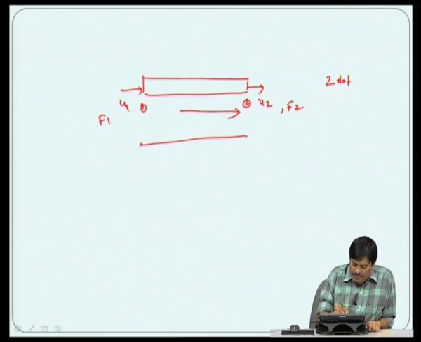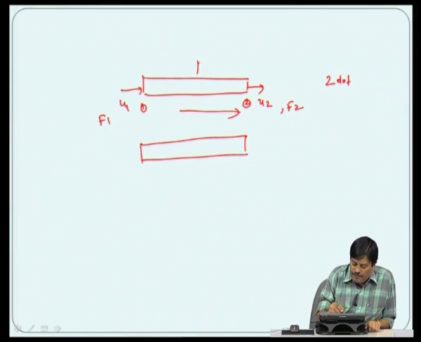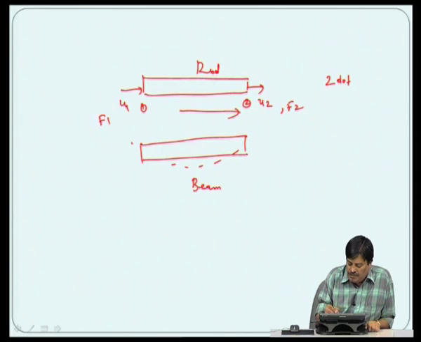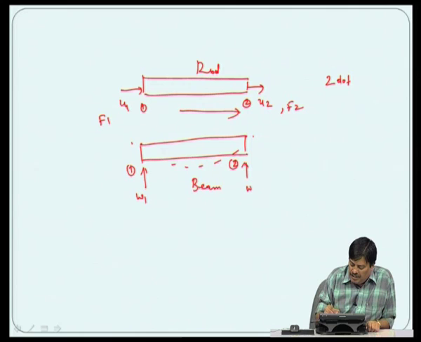As I said earlier, a beam, I am sorry, this is a rod, and this is a beam. A beam can bend, it can undergo this bending, and this bending is caused by the rotation, that is the moment that is applied at the end. So, it can support the transverse displacement W at node 1, this is node 2, W1 and W2, and it can support theta 1 and theta 2.